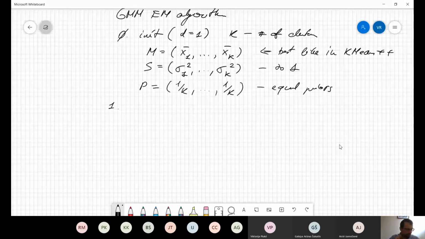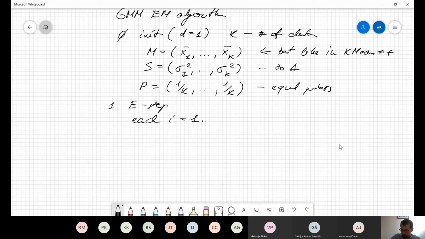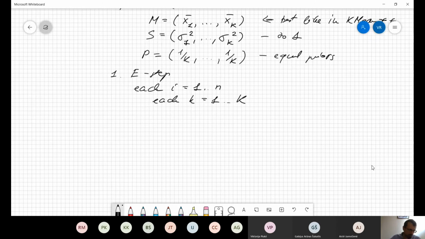For the algorithm we have again the E step, the expectation step, where for each i from 1 to n, so for each observation, and each k from 1 until capital K, for each cluster, we loop. This can be converted into matrix operations, of course, and is usually done that way, but here we just do it like this.